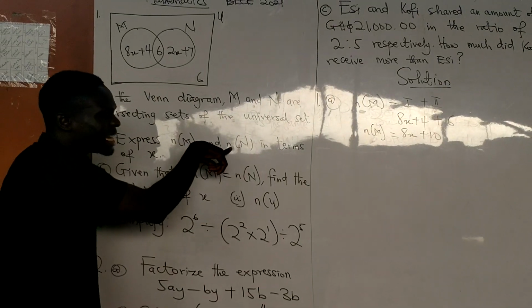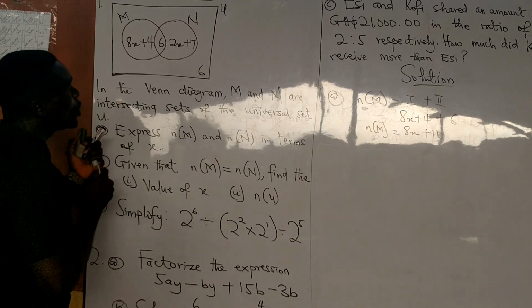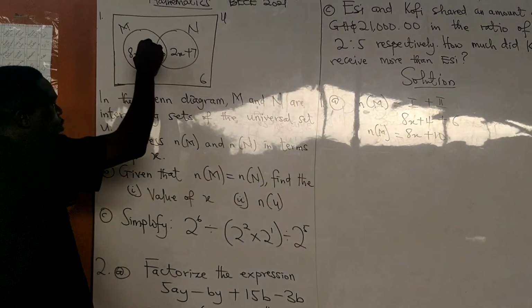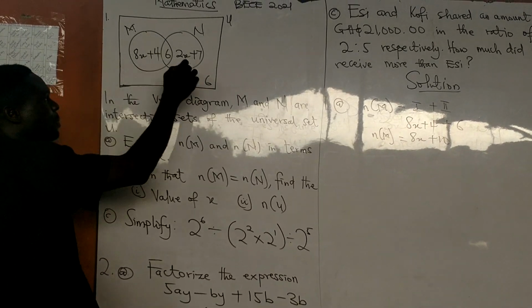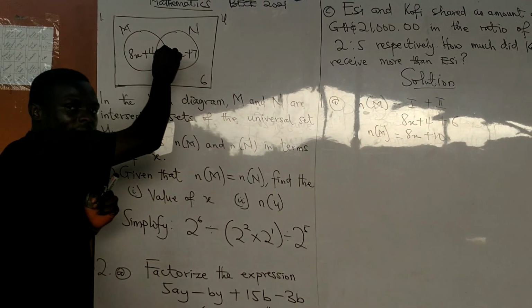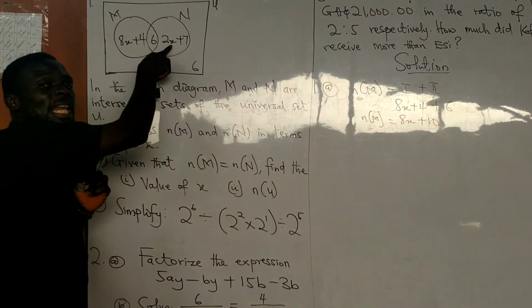Now we also have the number of N. For the number of N, we are going to use this portion, which is region II plus region III. So this is the intersection, and this is N only.